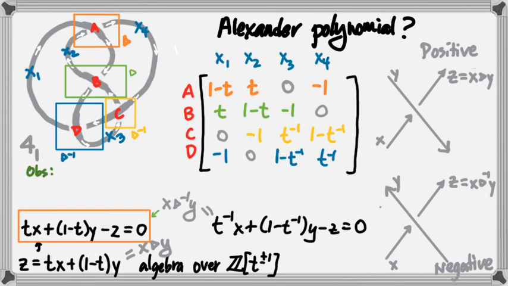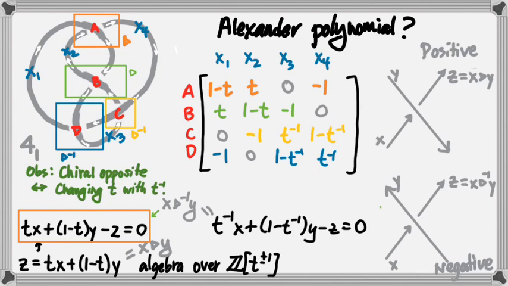Taking the amphichiral opposite, or chiral opposite, I suppose is a better way to say it, switching my overs versus my unders, really what it does is it changes the inverse crossings into positive crossings and vice versa, which has the effect of changing t with t inverse everywhere that we see it in this matrix. Right? That's all that would happen if we took the opposite. So that's kind of cool.